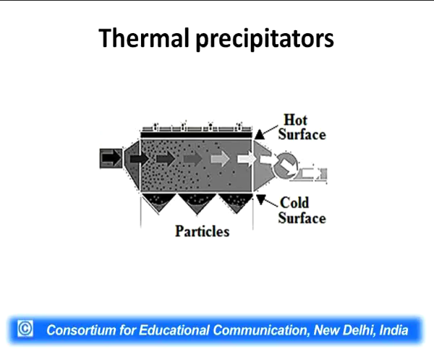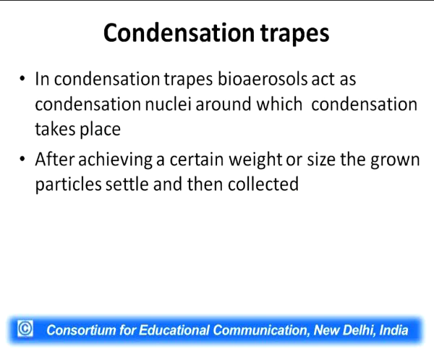Because of this, a temperature gradient is created, and particles get deflected towards the cold surface, in a funnel type of structure. After getting deposited on the cool surface, the particles are taken away. So, this is how the particles might be collected.